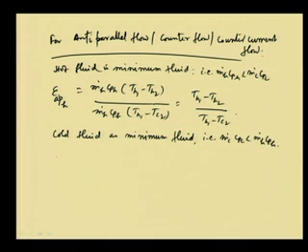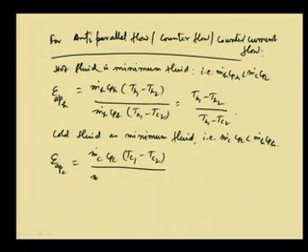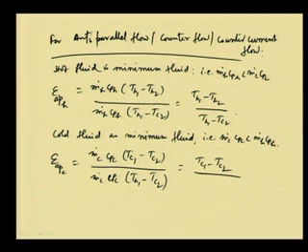So, under this situation, we will write that anti-parallel flow for cold fluid will be equal to m dot c CPC into, now here TC2 is the cold lower temperature, so TC1 minus TC2 divided by m dot c CPC into TH1 minus TC2. So, this becomes TC1 minus TC2 by TH1 minus TC2. Okay. So, this way we can find out the different expressions in all the cases.